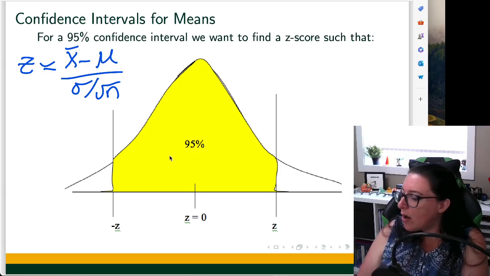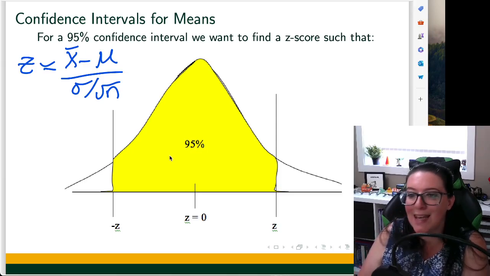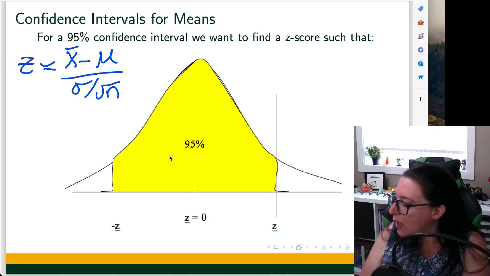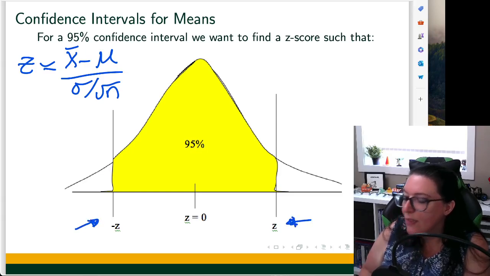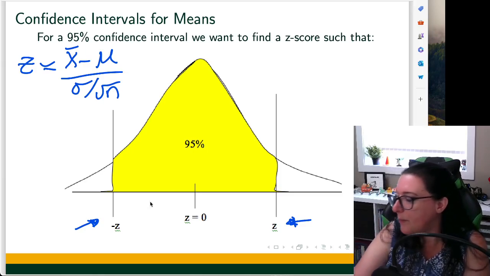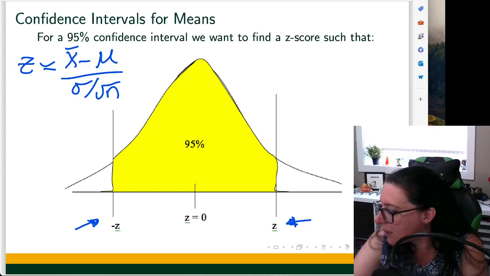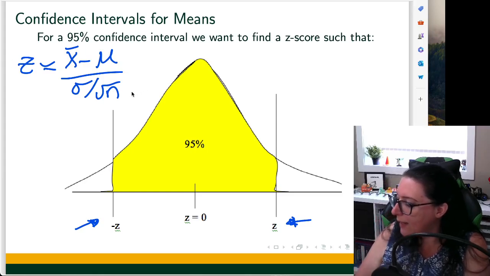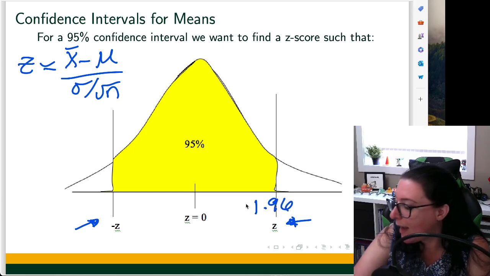So if we are going to convert our data into a z-score and we want, let's say, a 95% confidence interval, we need to know what this z-score is that goes with a 95% confidence interval. Okay. And we did look at that briefly in our previous video. We talked about how with a 95% confidence interval, the z-score is 1.96.